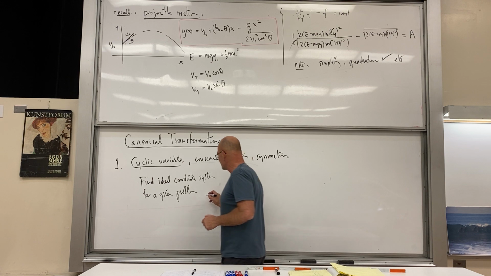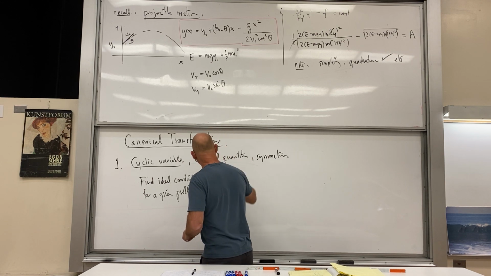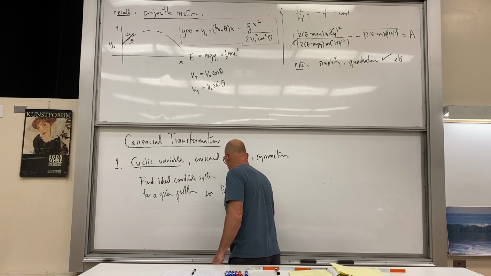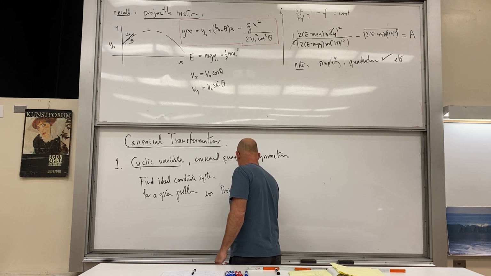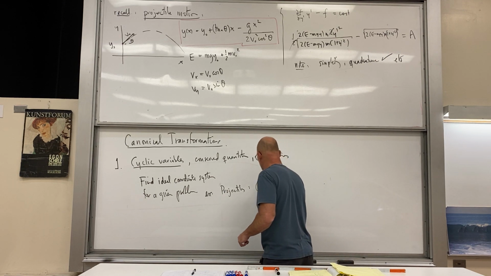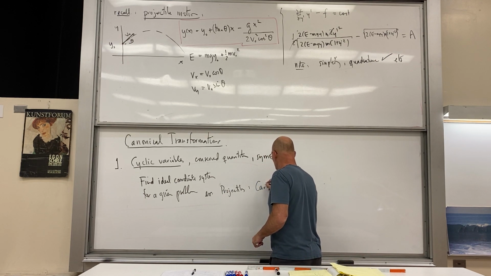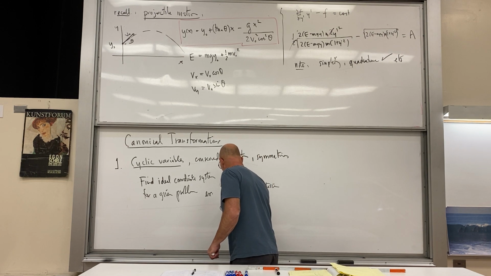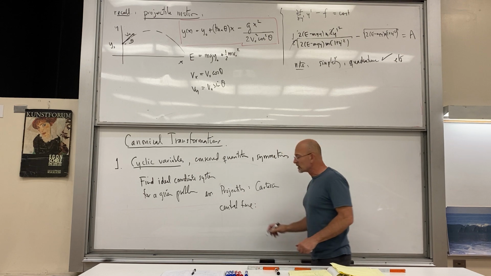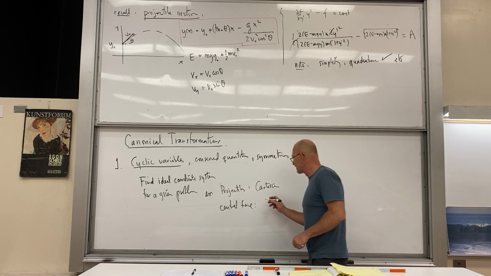And the examples, since we're looking at them, for projectiles, it turns out that Cartesian coordinates are just the thing. And for central force, it turns out that plane polar coordinates are just the thing.